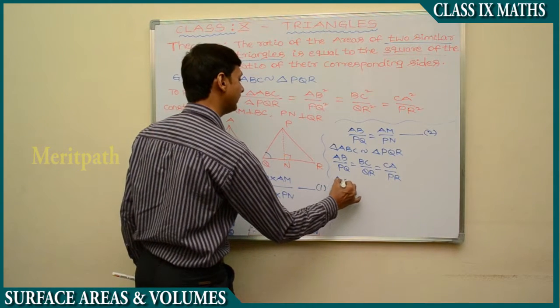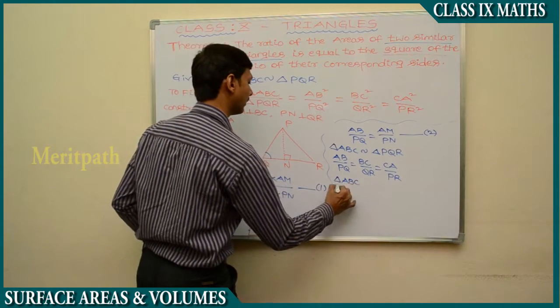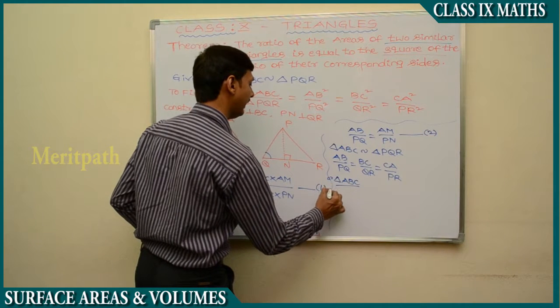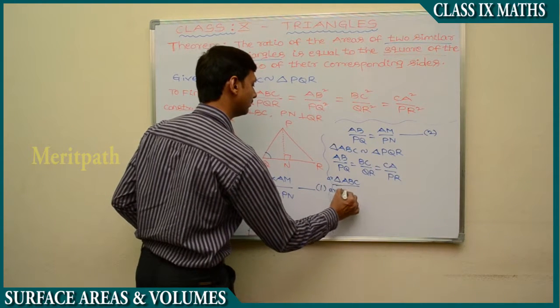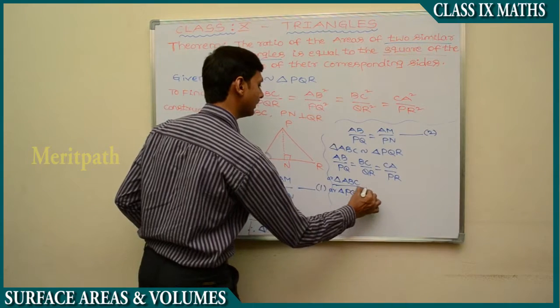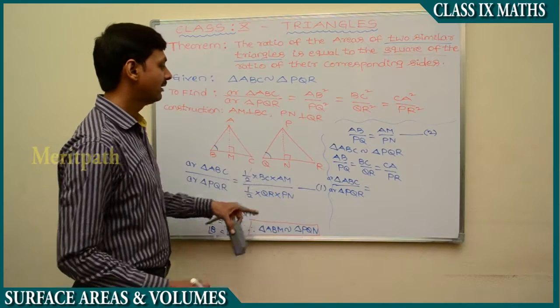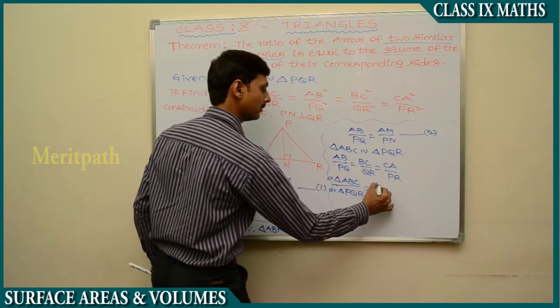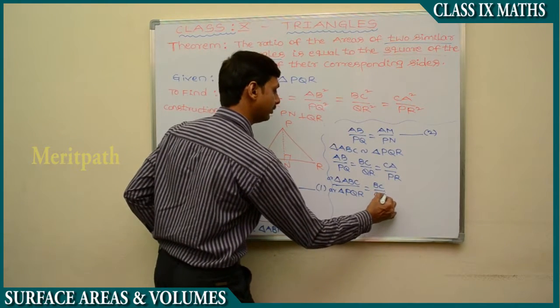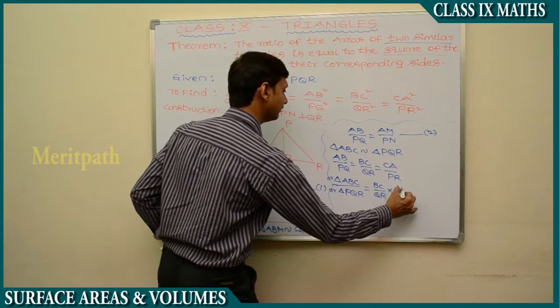Area of triangle ABC by area of triangle PQR is equal to BC by QR into AM by PN.